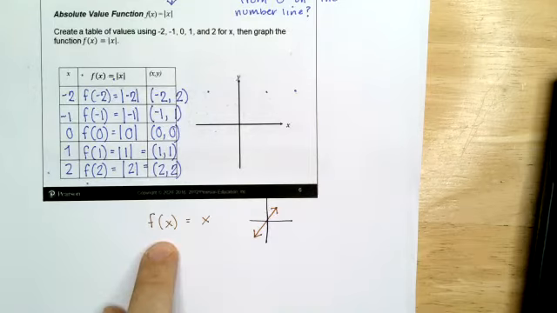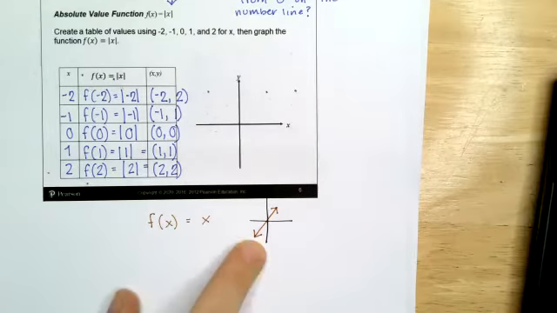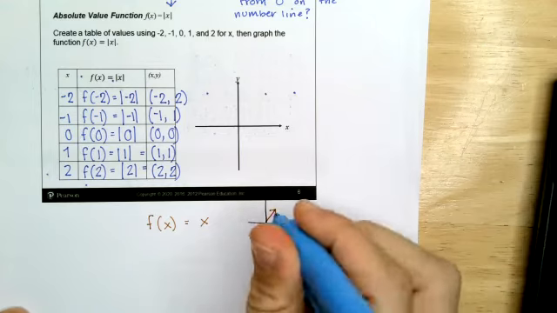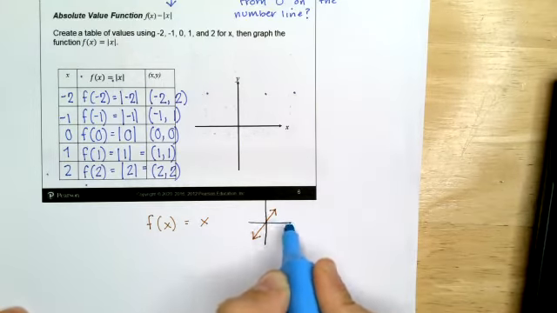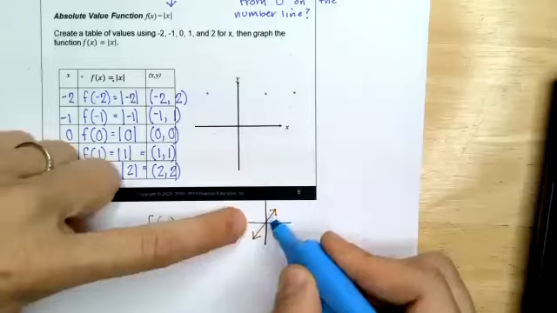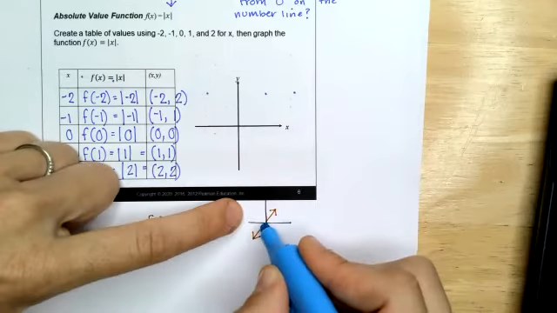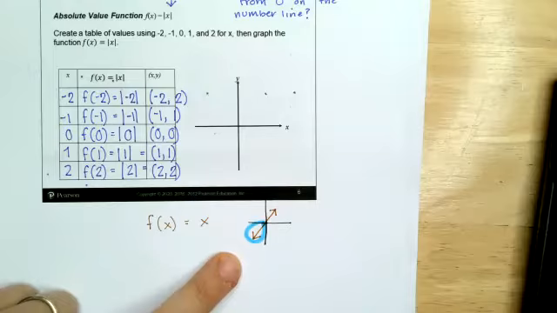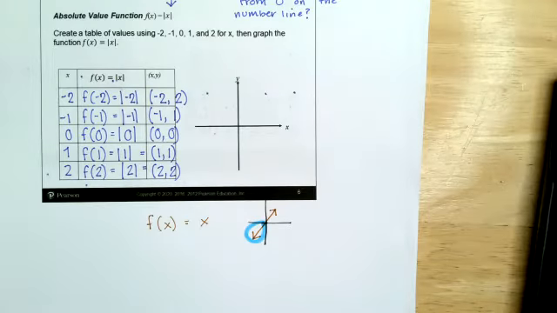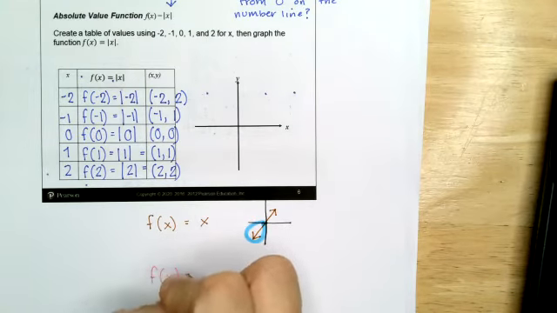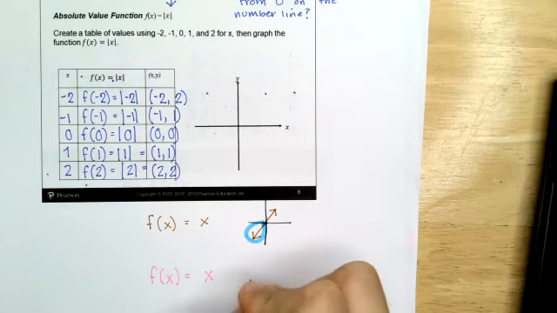So if this is f of x, good question, thank you. F of x equals x, think about where it is negative, right? So here's my line for positive y values and negative y values. All of this does not exist for the absolute value function. It looks the same, right? It's still f of x equals x.